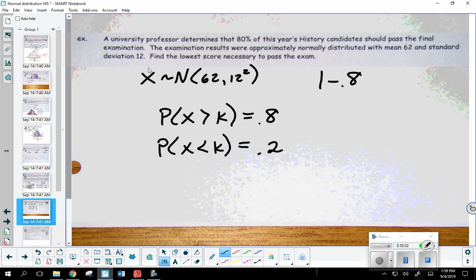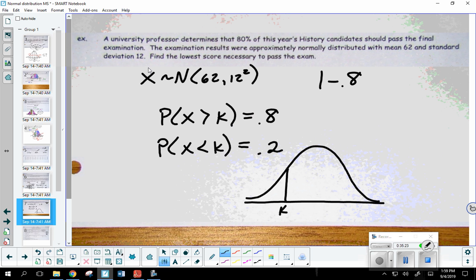So basically, if I've got all these scores, I'm looking for a particular score, like this guy right here. Now, why do you think I put that score in that location on the normal distribution curve?